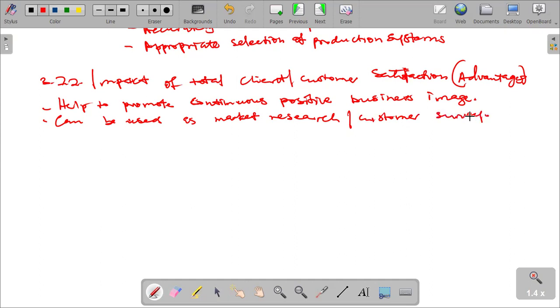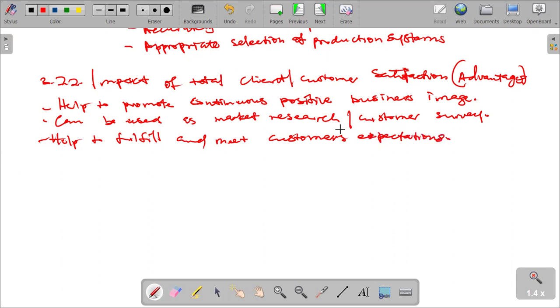It can also be used to understand, fulfill and meet customers' expectations.